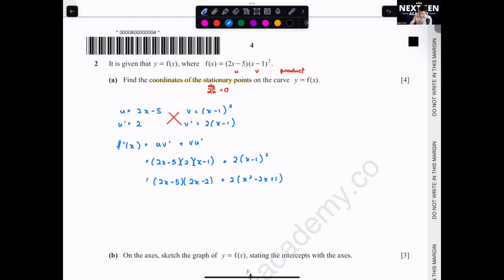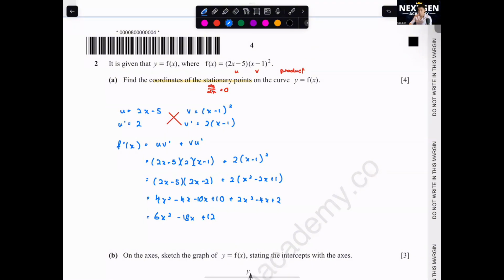Then cross multiply, open up the bracket: 4x squared minus 4x minus 10x plus 10 plus 2x squared minus 4x plus 2. Join all the values with each other. We will get 6x squared minus 18x plus 12.